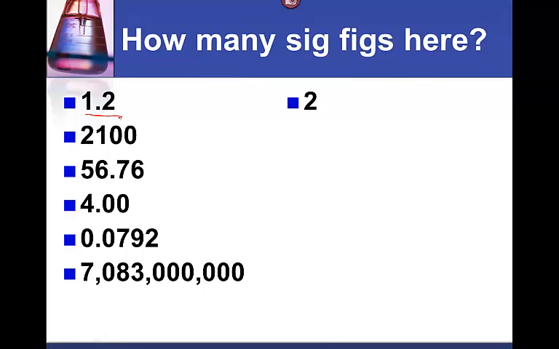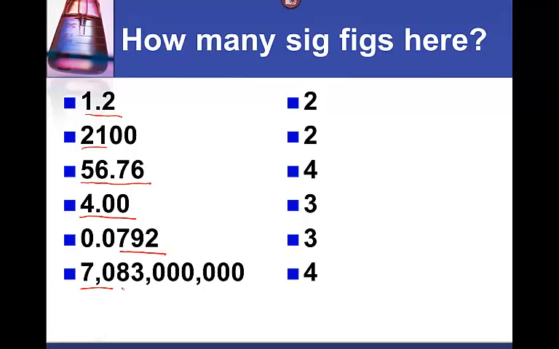2 sig figs. 2 sig figs. 4 sig figs. 3 sig figs. 3 sig figs. 4 sig figs. And again on this last one, so that's thousands, millions, billions.